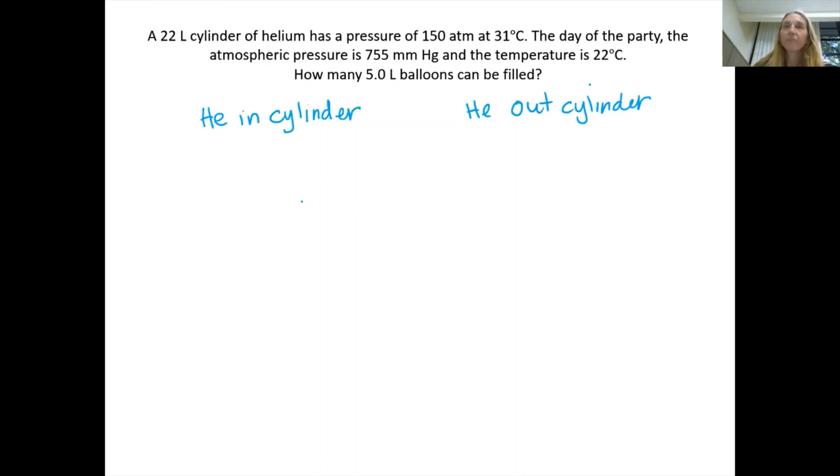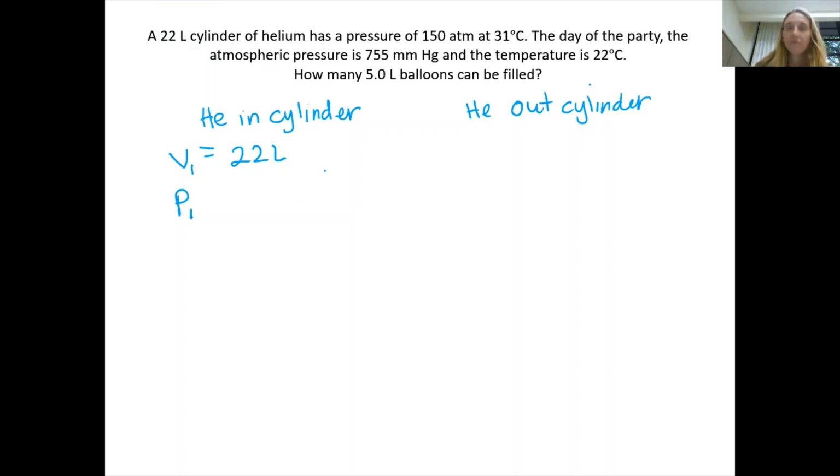Okay, and then I go through and look. A 22-liter cylinder, so the volume of the helium in the cylinder is 22 liters. I'm going to call all of these 1.